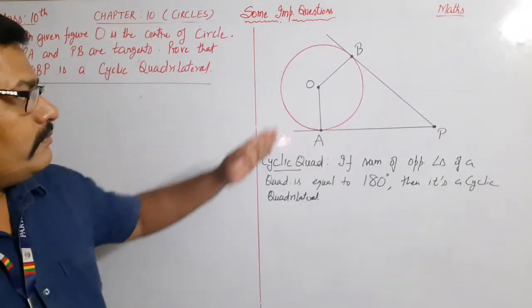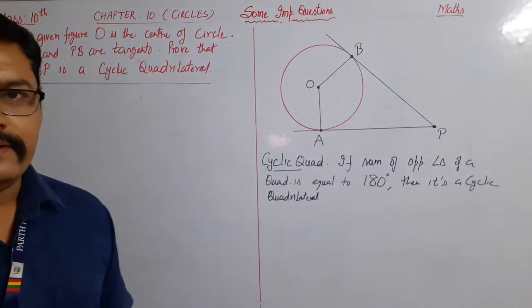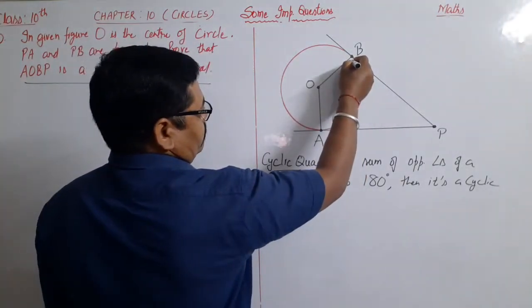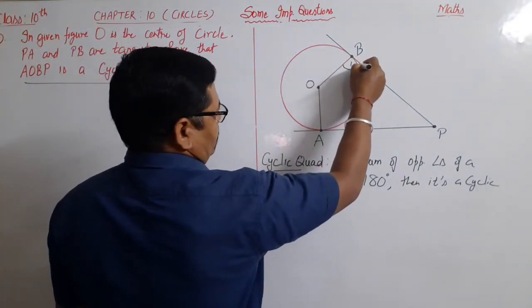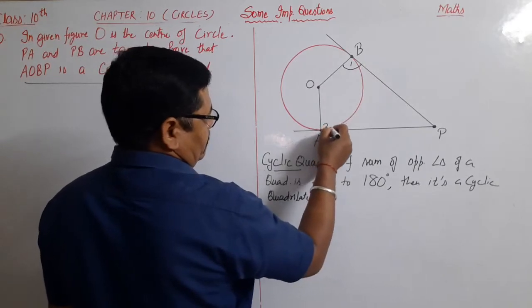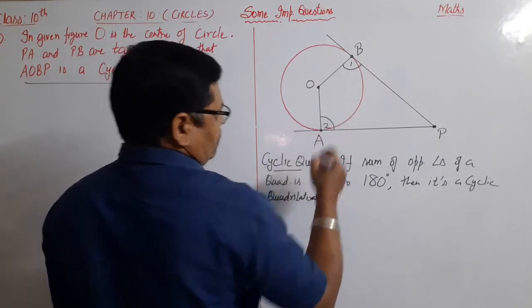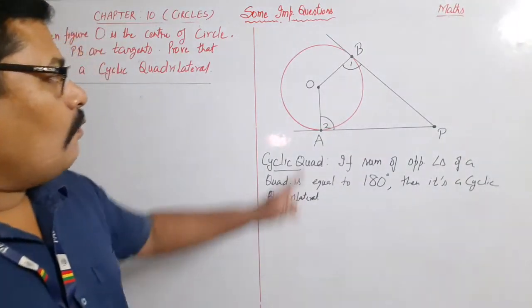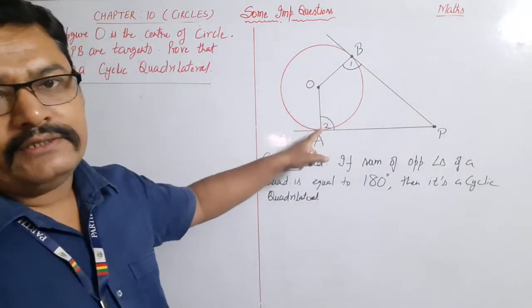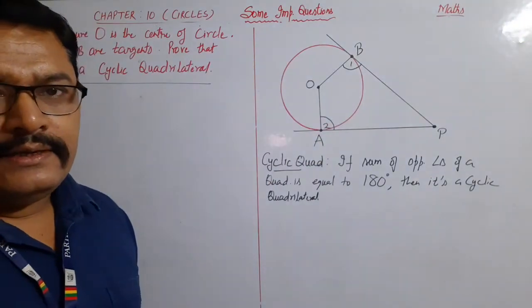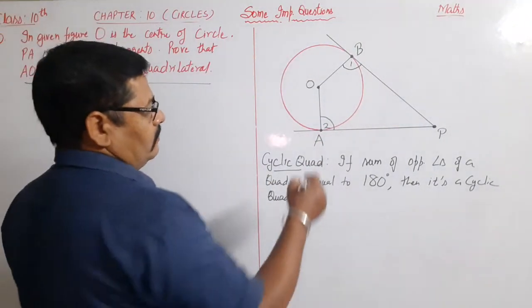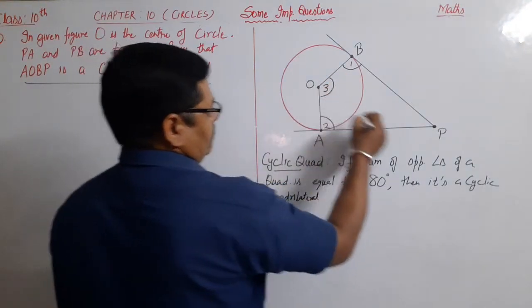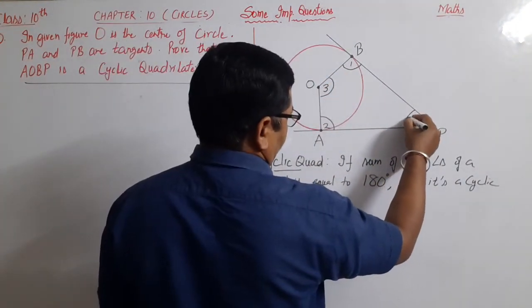Now, in order to prove that this is a cyclic quadrilateral, we have to prove: this is first angle and suppose this is second angle. This is one side of opposite angles. We will have to prove that angle 1 plus 2 is equal to 180-degree, and in addition to it, the second side of opposite angles is 3 and 4.